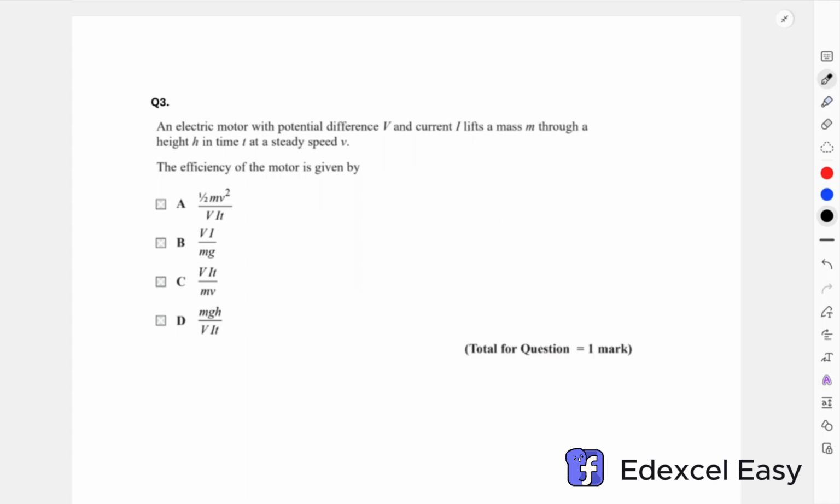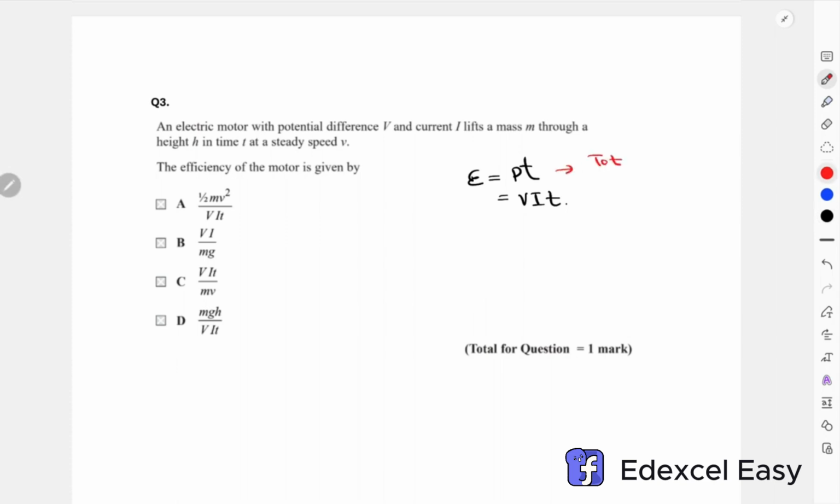We write energy equals power into time, and power can be broken down into VI, so energy is VIt.